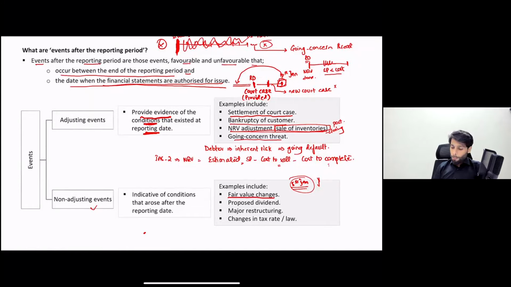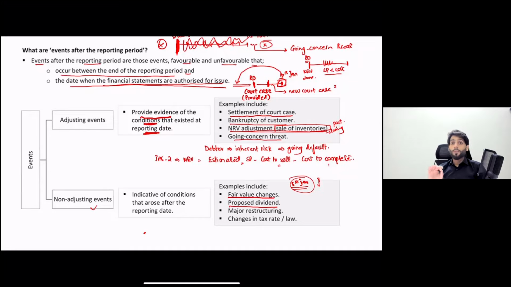All right. Proposed dividend. Dividends that are proposed by the board of directors have to be approved by the shareholders in the AGM. Until a dividend has been approved by the shareholders in the AGM, it does not become a present obligation of the entity to pay it.